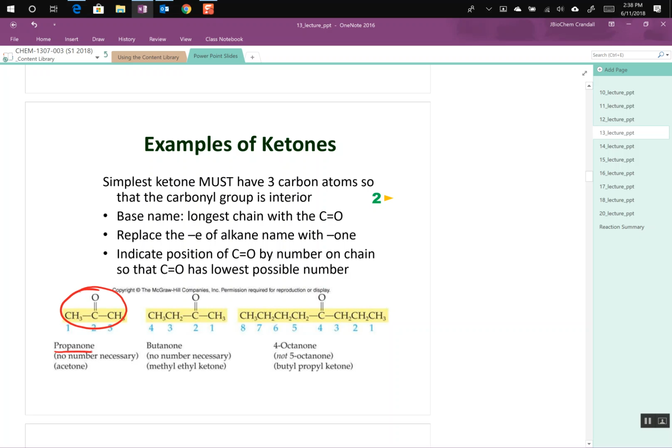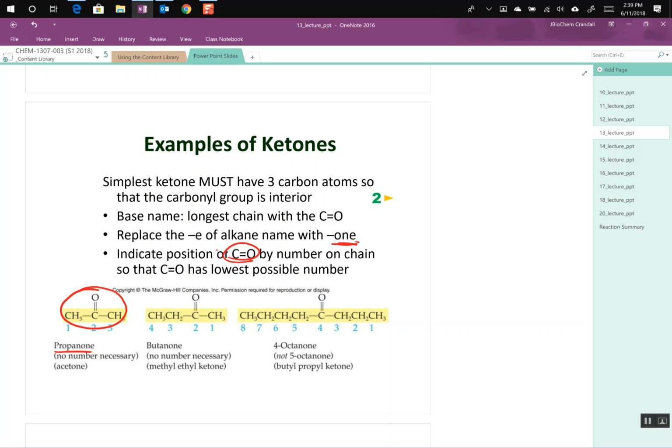And what you'll notice is that when you're naming these, now we're ending the name with one, O-N-E. With aldehydes, it's al. With ketones, it's one. So indicate the position of the carbonyl carbon, unlike aldehydes, where you didn't have to do that because it was always carbon 1.